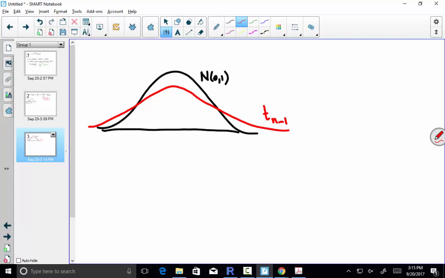So if we looked at that t curve, t distribution, and we dialed up the sample size to really, really big, then the difference between t and standard normal becomes negligible. But generally, the t distribution is a lot like the standard normal, except we have more uncertainty. It's spread out more. The tails are fatter.